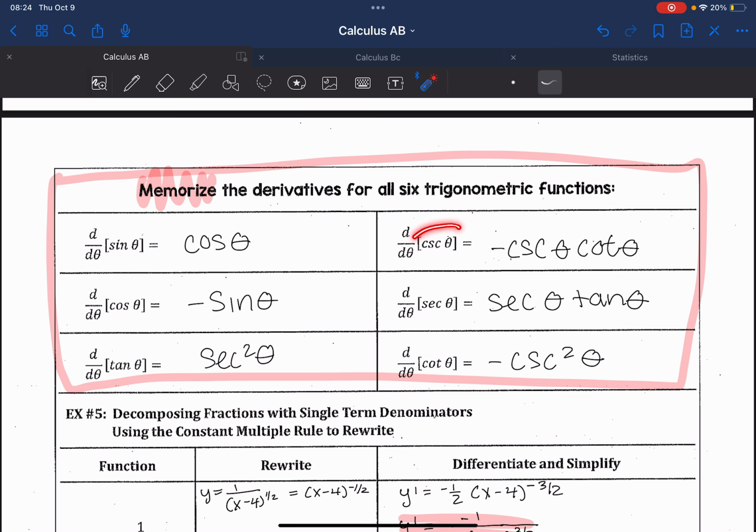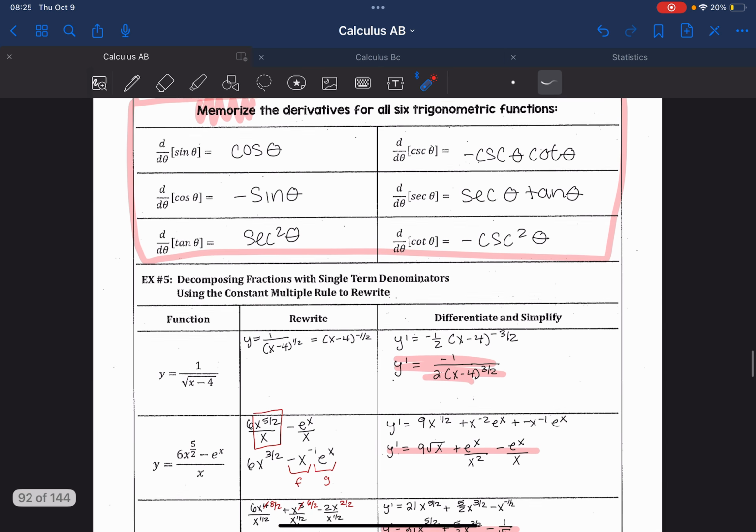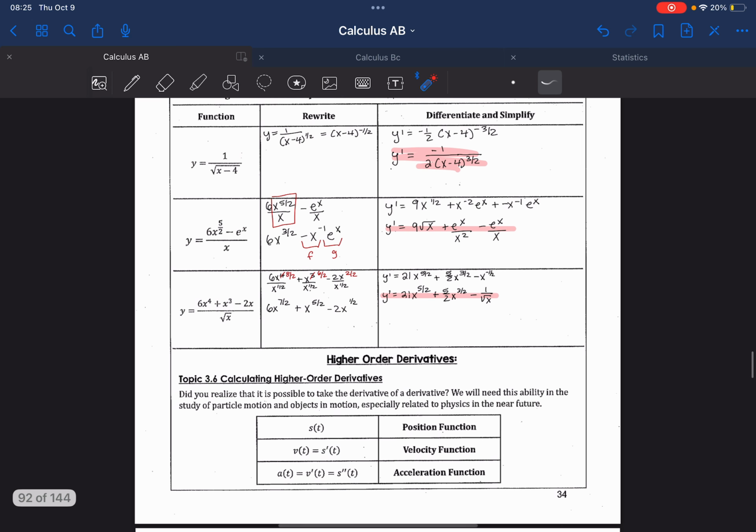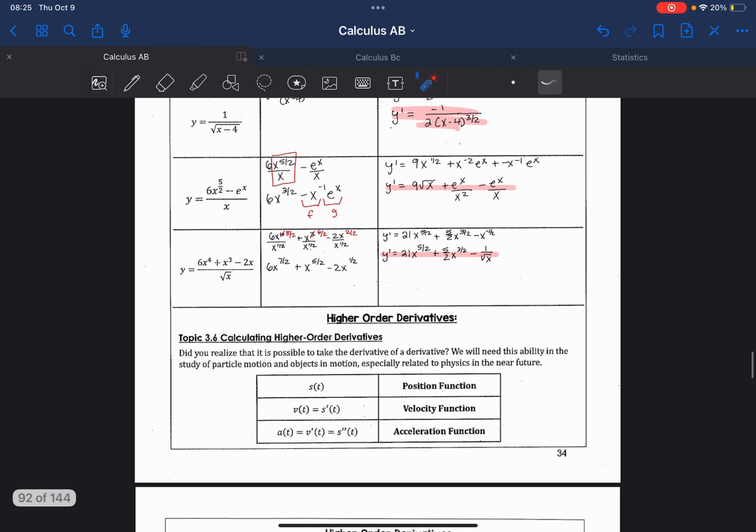Now we have the derivative of cosecant, which is negative cosecant times cotangent, and the derivative of secant, which is secant times tangent, and then the derivative of cotangent, which is negative cosecant squared. Again, I would just memorize those when we are asked to actually take the derivative of those type of trig functions in a problem.